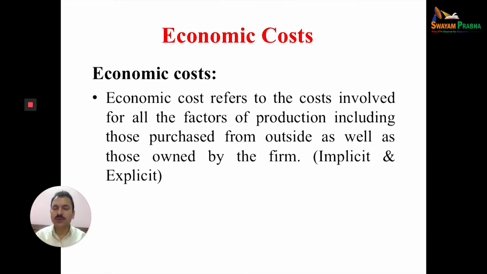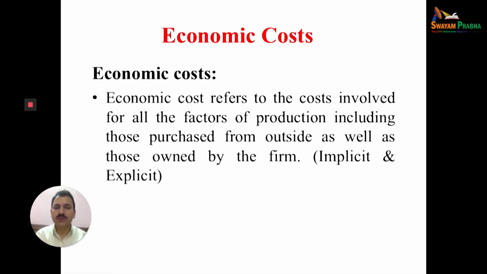Economic costs include explicit costs, meaning payments made to outsiders: payments made to the laborers, payments for the purchase of raw material, and payments in the form of rent or taxes, all explicit, as well as your own payments made to its own self-employed resources.